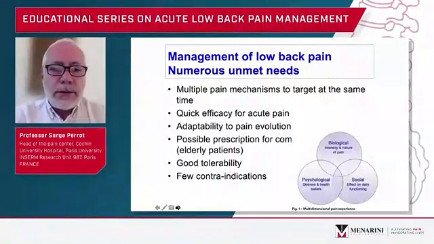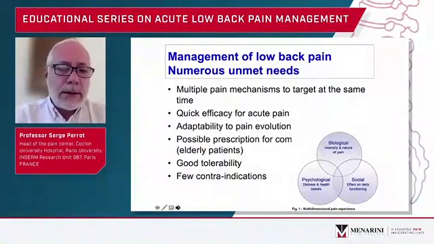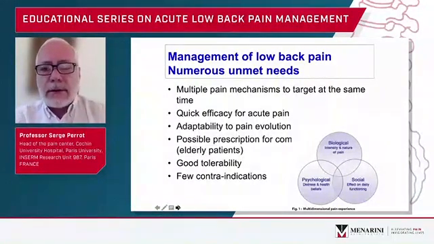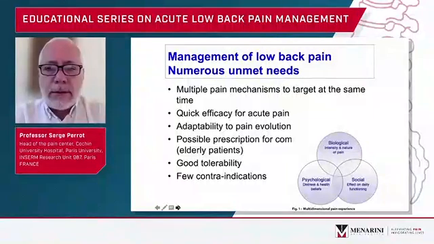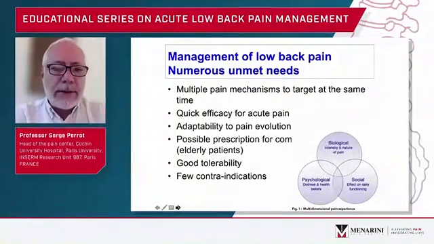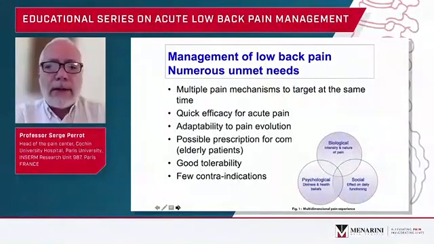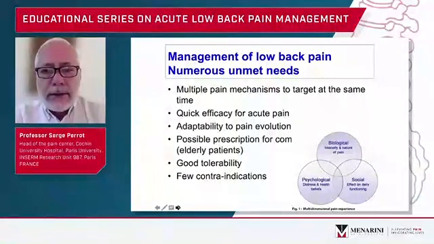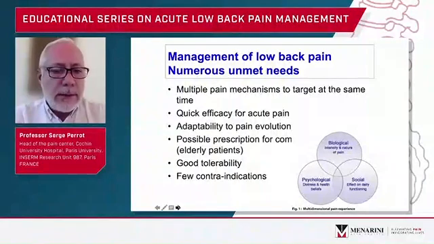We should also have a very quick efficacy for acute pain, because this is impacting daily life activities. So we should have a treatment that is effective very quickly. Pain is not stable, so we should adapt the treatment to the pain evolution.